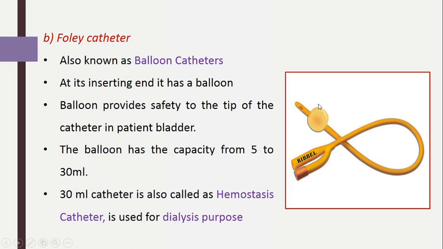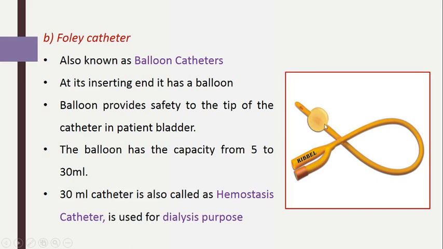This balloon provides safety to the tip of the catheter in the patient's bladder. The catheter is inserted up to the patient's bladder, and this balloon helps up to this end.